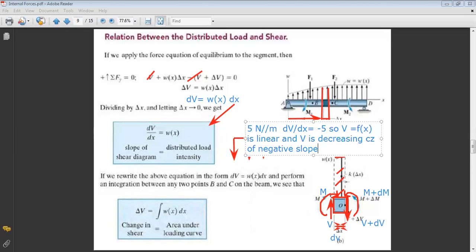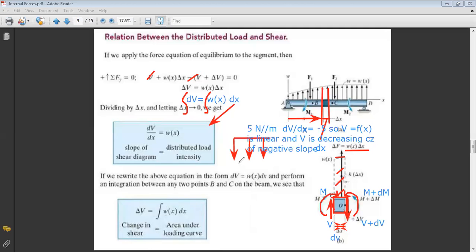Now, the other information that I can use from this conclusion is that I can integrate, because look, you have dV equal w(x) dx. If you integrate each side, what do you get? You get the integral of dV equal to the integral of w(x) dx, okay? So the change in shear, delta V, is equal to the integral of w dx, which represents the area under the curve.